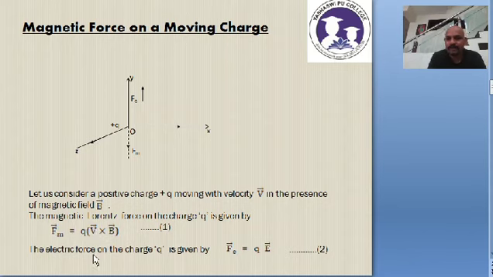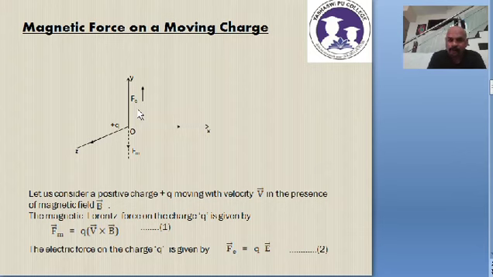Similarly, for the electric force acting on the charge, in electrostatics we have learnt that any charge will experience a force in an electric field. Here we also have an electric field applied along the positive y-axis. The charge will experience the force in the same direction, because a positive charge experiences the force in the direction of the electric field.